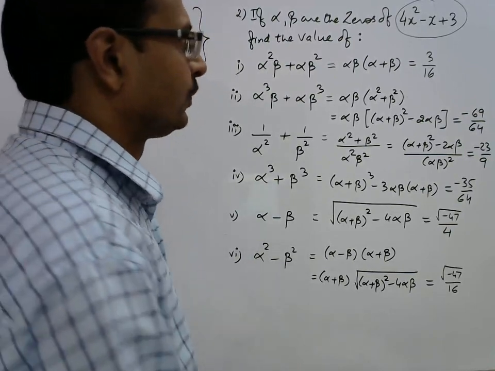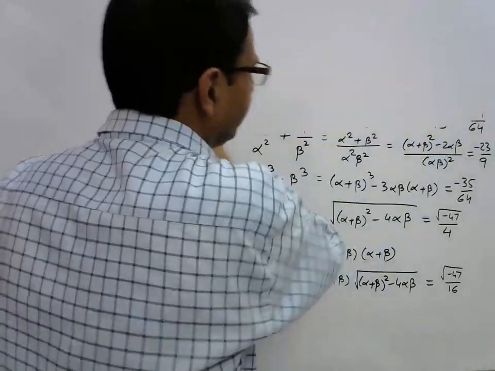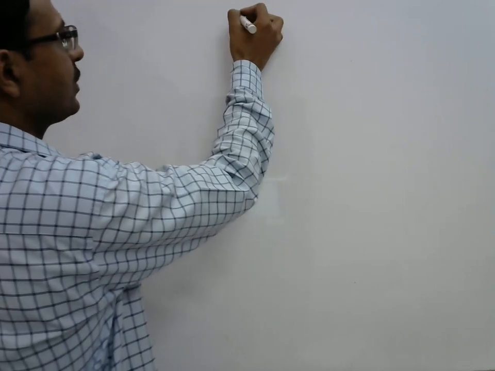Okay, now let us get on with yet another question. This time the question will be based on the same concept, but the statement will be slightly different. Now see, this is the third question.